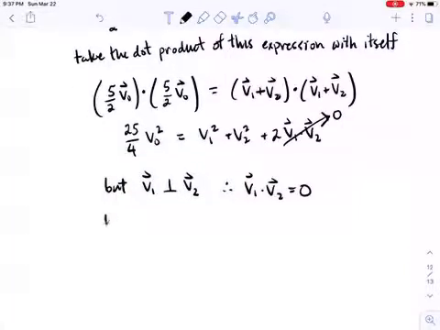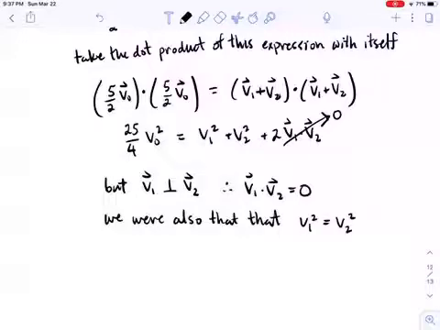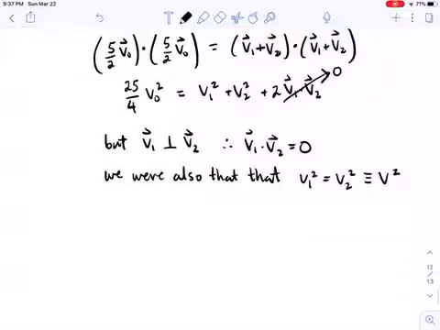We were also told that the speeds of these two fragments were equal. And so let's just call that v squared. And so what we end up with then is 25/4 v0 squared is equal to v1 squared plus v2 squared, which is 2v squared.